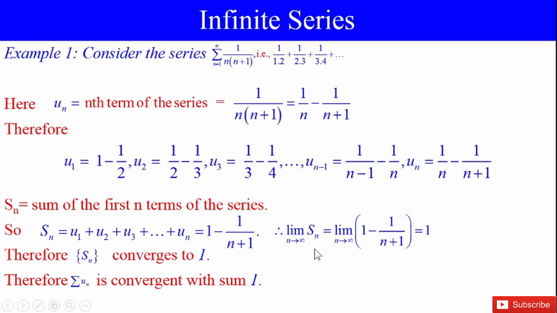Therefore, limit n tends to infinity Sn is equal to limit n tends to infinity 1 minus 1 by n plus 1, which is equal to 1. Therefore, the sequence of partial sums Sn converges to 1. Therefore, sigma 1 by n into n plus 1 is convergent with sum 1.